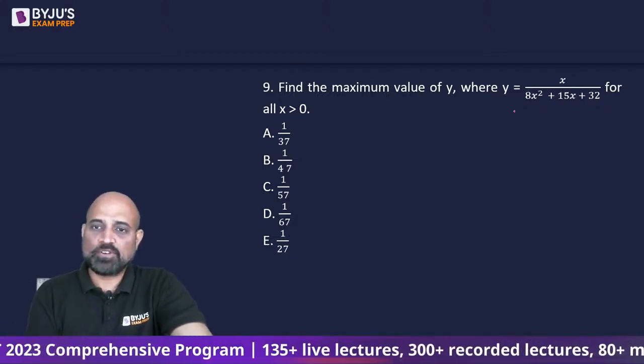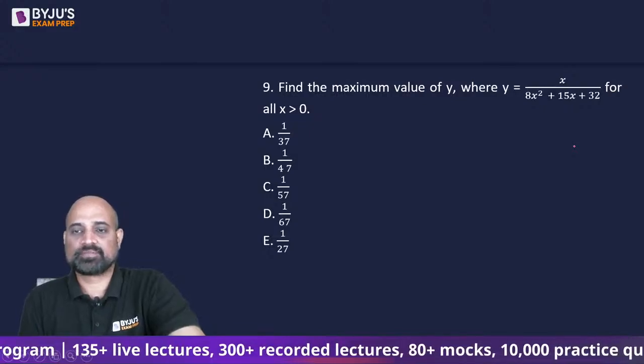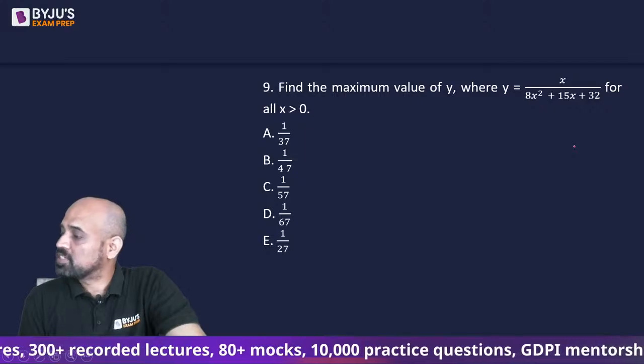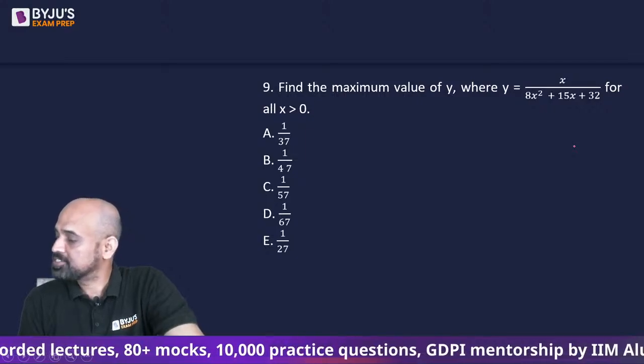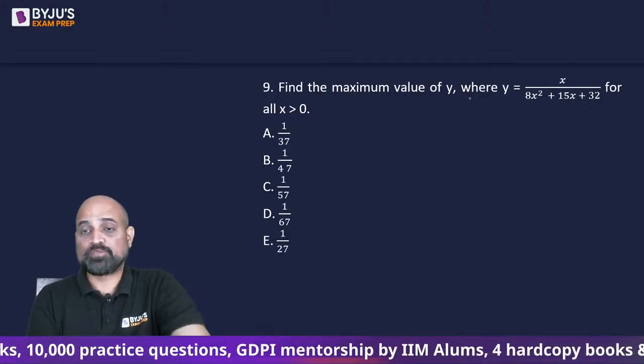Find the minimum value of y where y is equal to this for all x greater than 0. So this is, sorry, find the maximum value.